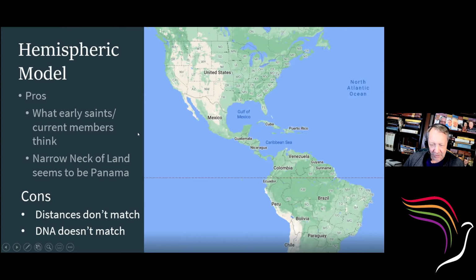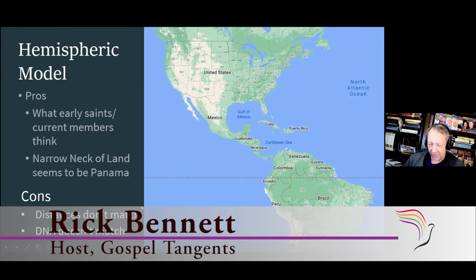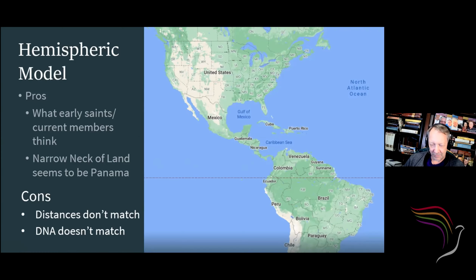So that's kind of interesting. Of course, the pros to the hemispheric model, that's pretty much what the early saints and current members probably still think, and everybody thinks about the narrow neck of land being near Panama. The problem is the distances don't match. And we've got a big problem with DNA that doesn't match.